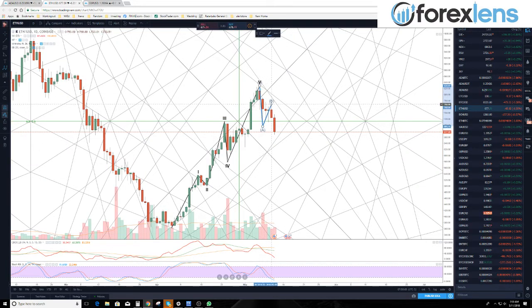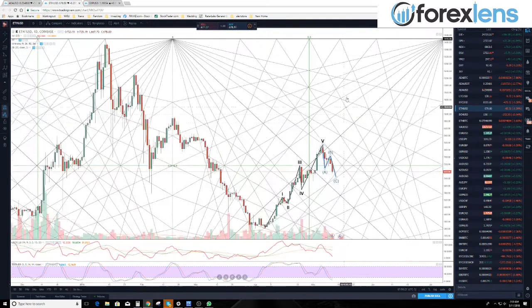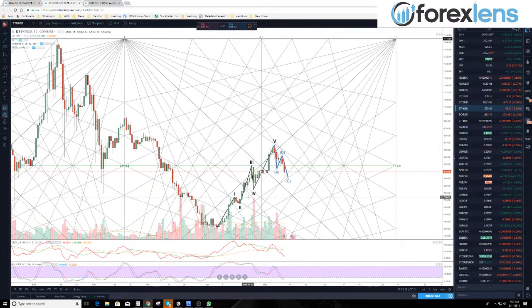We have a motive wave, and then we have a corrective wave. So that is a theory, or we could even go down to around here. That would even be fine, but probably more than likely around this area before we begin our next impulse drive, our motive wave higher.